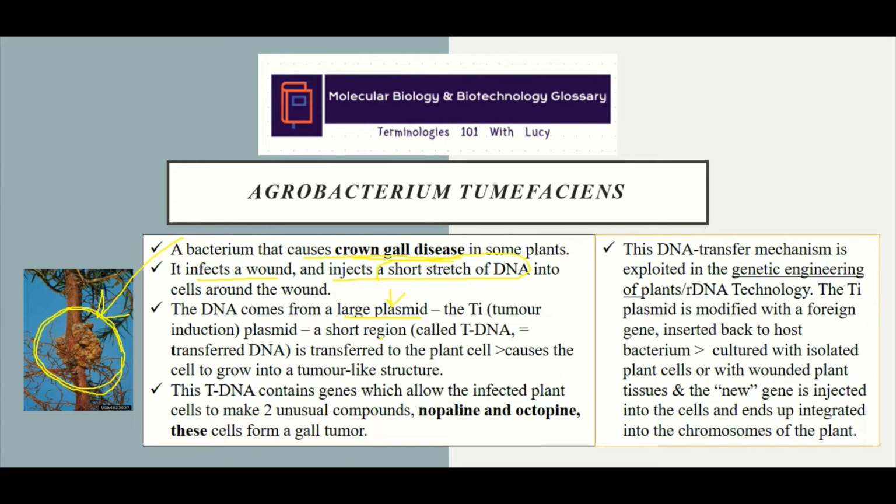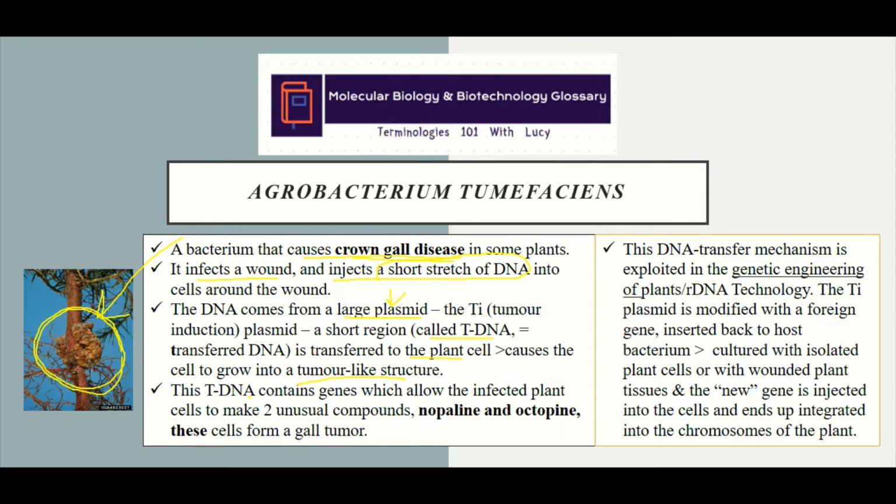Now a short region within this Ti plasmid called the tDNA, or the transferred DNA, is the one that will be transferred into the plant cell once this Agrobacterium infects the wound of a plant, and it will cause the cell to grow a tumor-like structure.